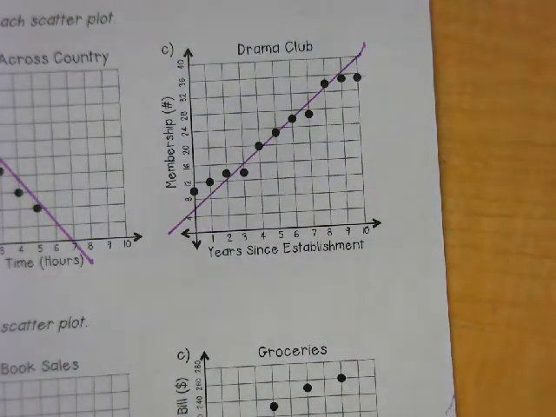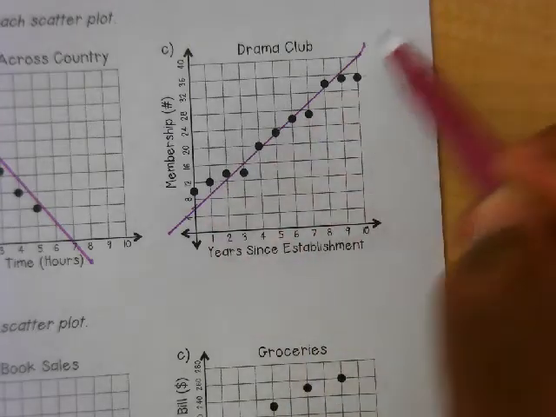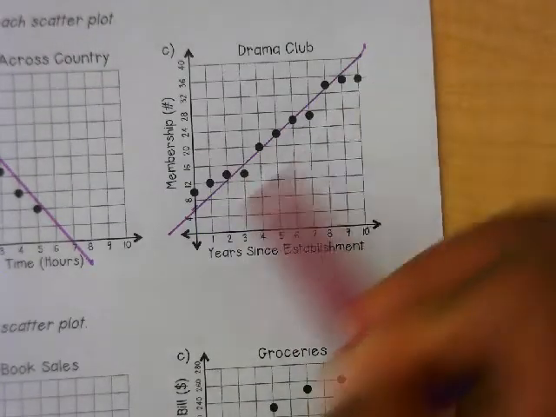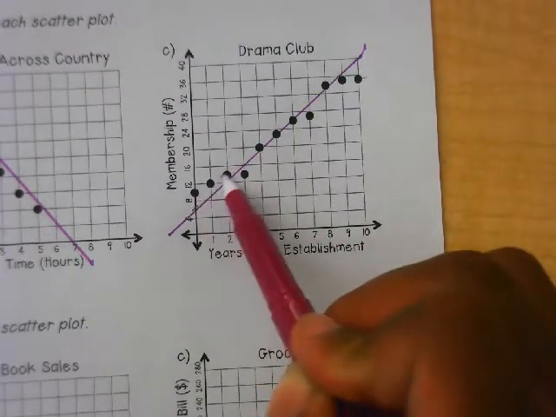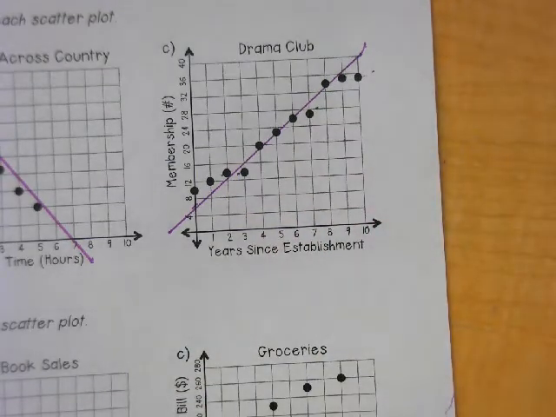So we got pretty close. So all I did was put the ruler there, split the data, and follow the trend line. I went through a couple points, and then I got 3 above and 4 below. And so that's pretty good, especially considering it wasn't an even number to begin with. So I was never going to have an even number above and below.